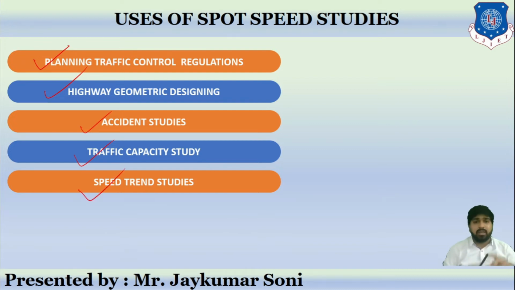That is, we can learn that in this stretch during this hour, means 9 to 11 am, 5 to 7 pm, the average speed of vehicles ranges from this to this kmph. So that is called a speed trend. So with the use of spot speed studies, we can have various kinds of domain knowledge such as planning of traffic control regulations, highway geometric design, accident studies, traffic capacity study, and speed trend study.